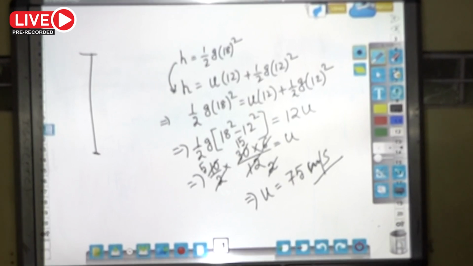If one wishes to triple the maximum height, then the ball should be thrown with velocity.